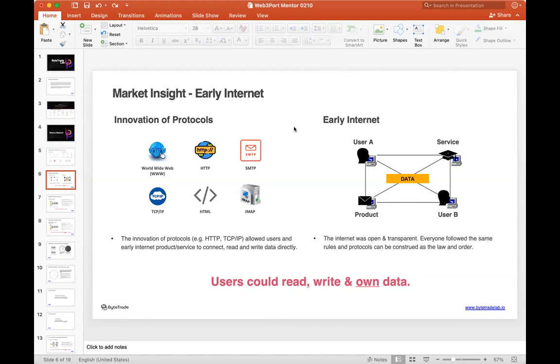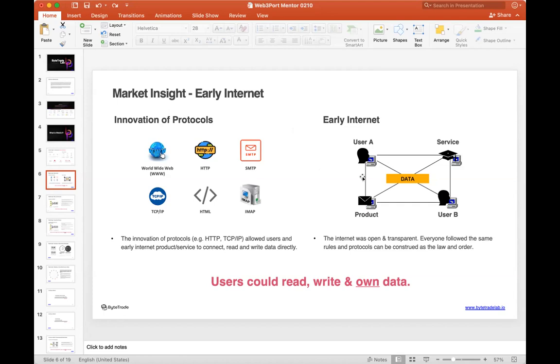If user A were to send an email to user B, user B would literally have to download it from a relay or middle server in order to read it. At that point users could read, write, and own the data, and every piece of data was saved locally. The internet was open and transparent, and the protocol governed the rules and the law and order.